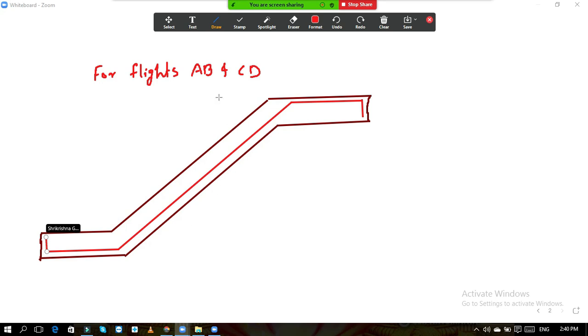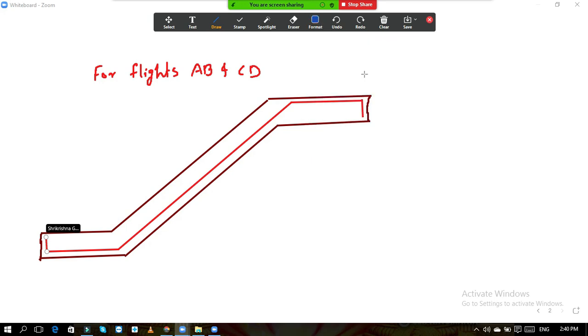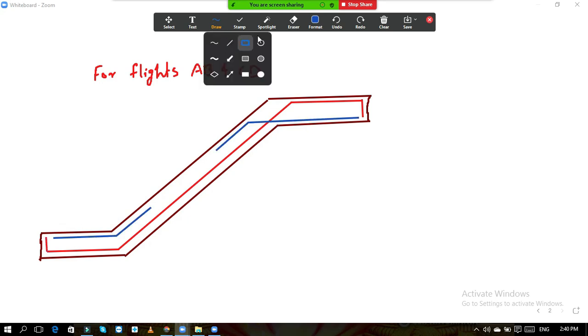Okay. And the distribution steel is provided, but before drawing the distribution steel, we will provide top extra bars. So now we will draw. One more thing is remaining. These bars are also anchored over here.